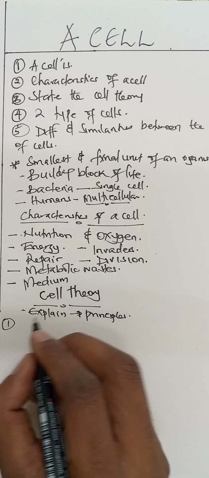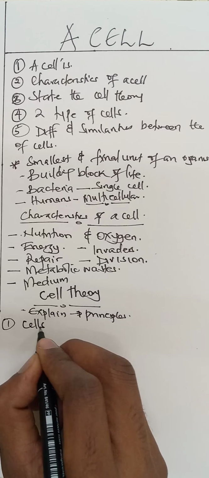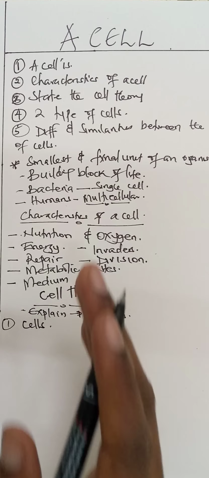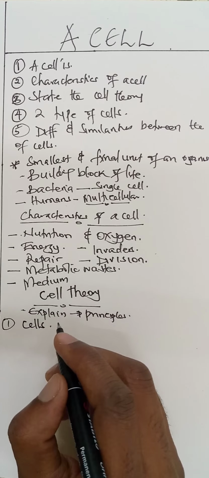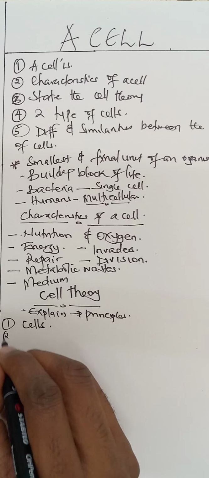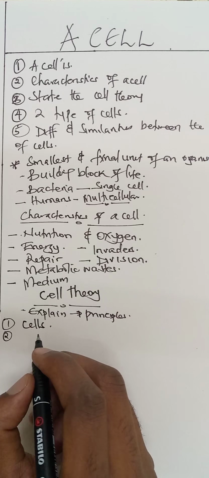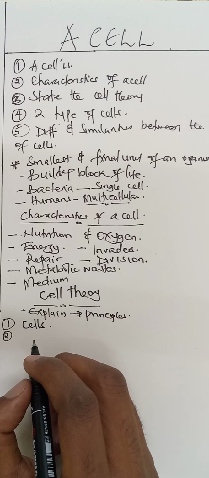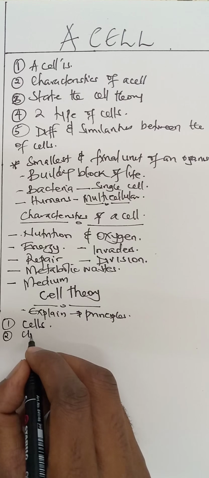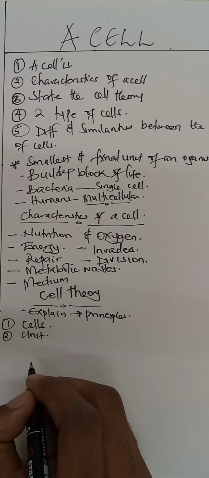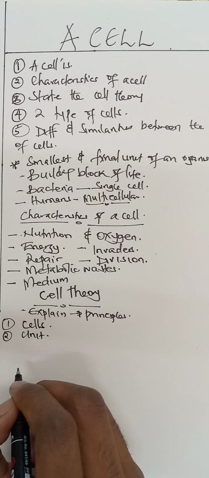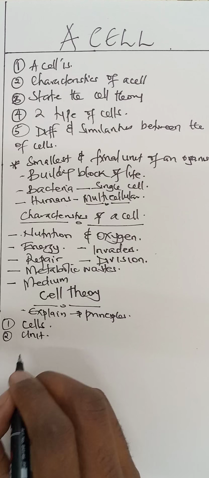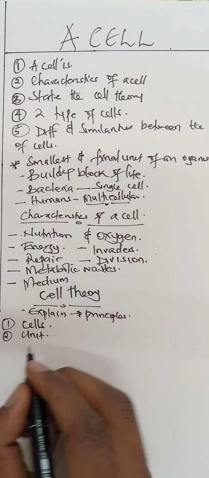all living things are made up of cells. In other words, for all living things to survive, they require cells. Number 2, according to their theory, a cell is a structural and functional unit of all living things. As we have said earlier, all biological functions occur within a cell.